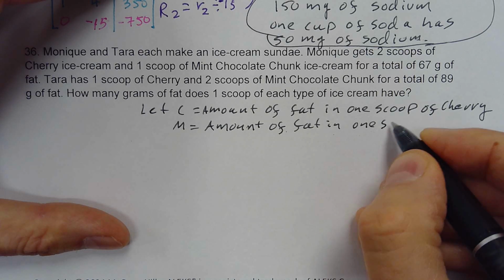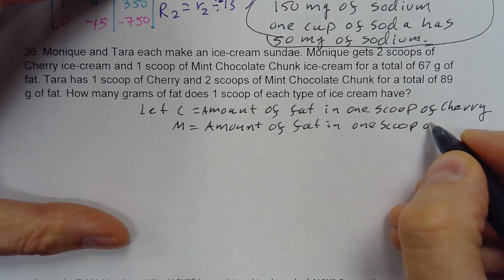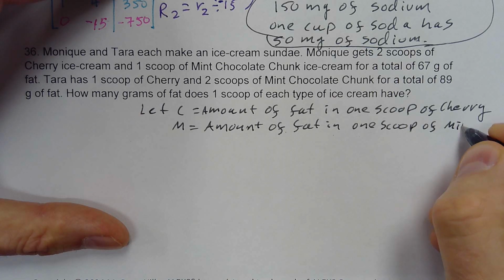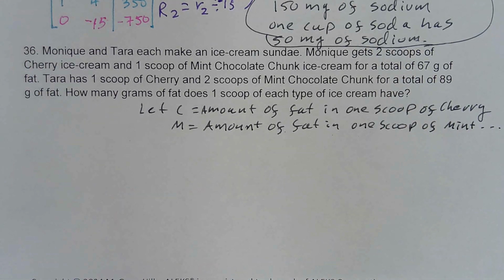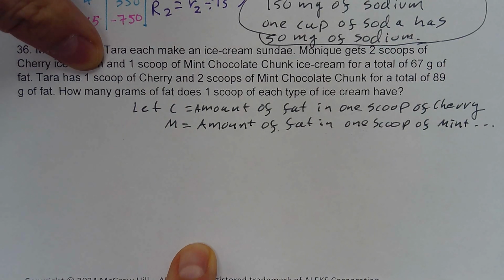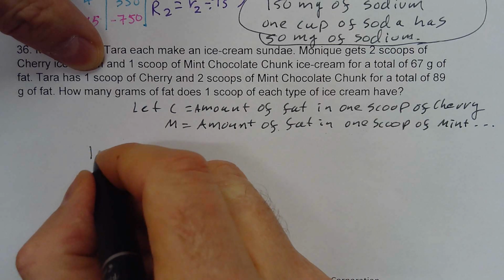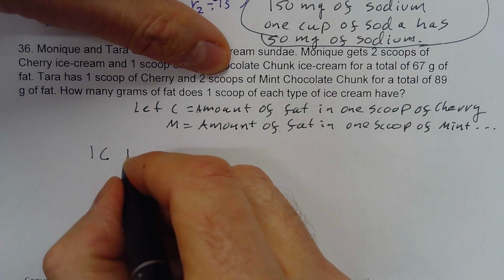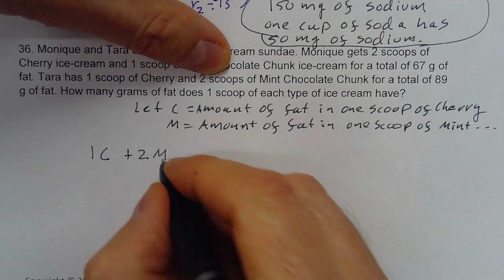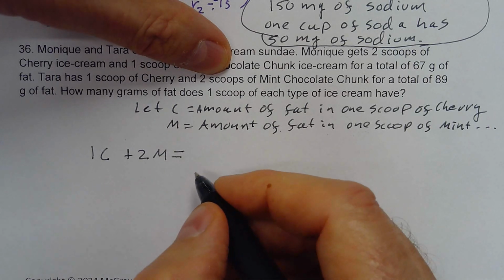M is 1 scoop of mint chocolate chunk. So again, I'm going to start with this sentence here. 1 scoop of cherry plus 2 scoops of mint chocolate chunk is equal to 89.